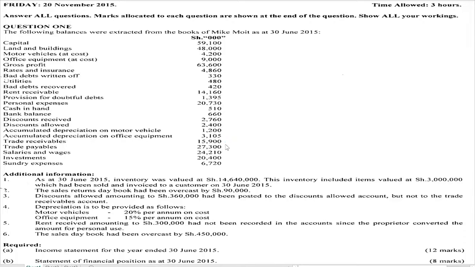Then you have trade receivable of 15,900, trade payables of 27,300, salary and wages of 24,210, investment of 20,400, and sundry expense of 6,720.